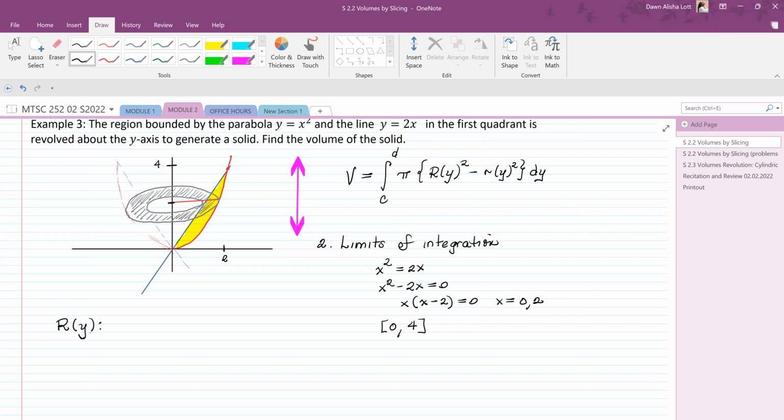Is it x squared? Okay, we're almost there. So this is y is equal to x squared, right? Yeah. But it has to be a function of y. So you have to rewrite it as x is equal to the square root of y.